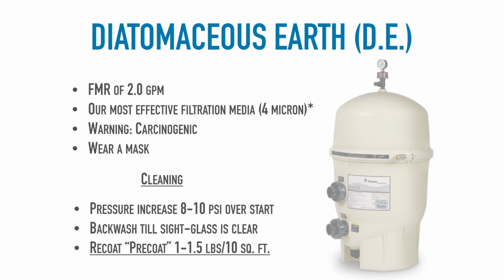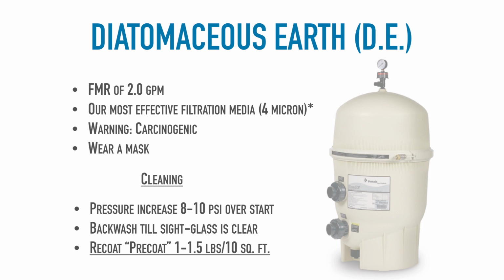What that's going to do is run that DE down into my filter, and it's going to coat those DE screens. Now, once I have a good caking of DE inside of that filter, then I will officially be filtering. It will be capturing all that matter that runs through there.